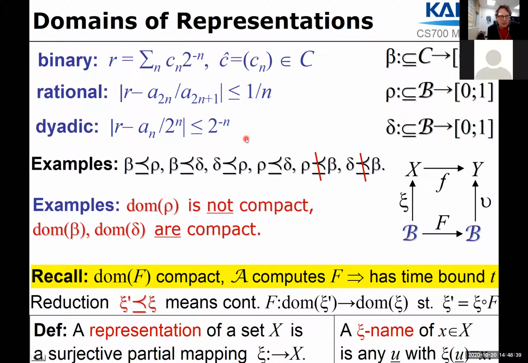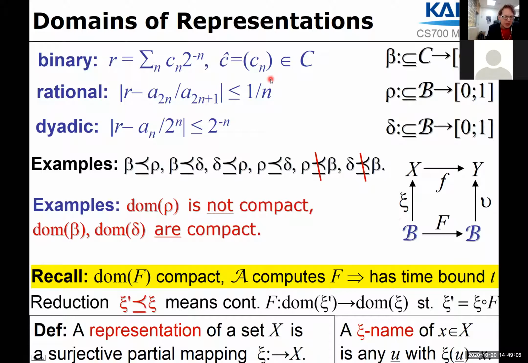That's a Cauchy condition. All integer sequences that satisfy these two requirements, integer values between 0 and 2 to the n, first condition, and secondly, this Cauchy condition, these are precisely the integer sequences that are names of real numbers between 0 and 1, and this is easily seen to be a compact subset of Baire space.